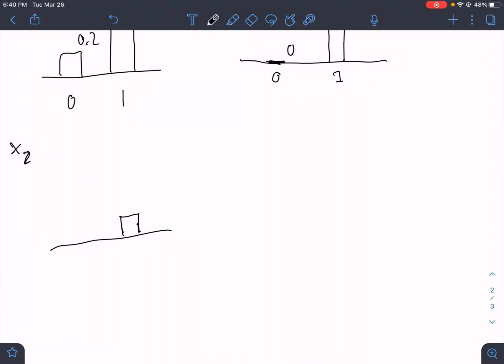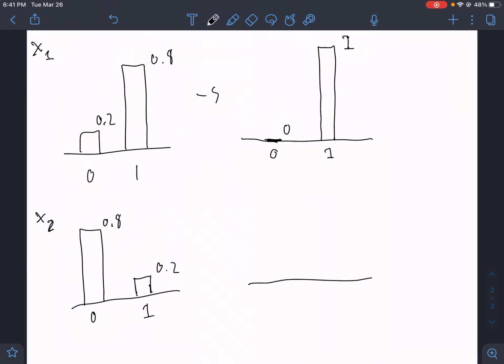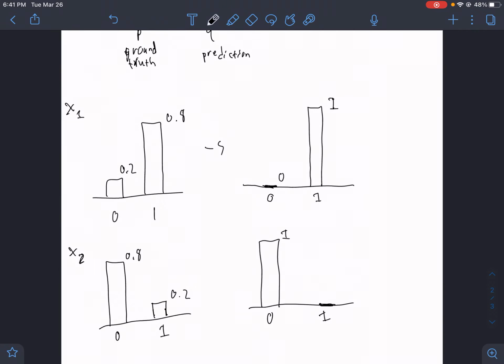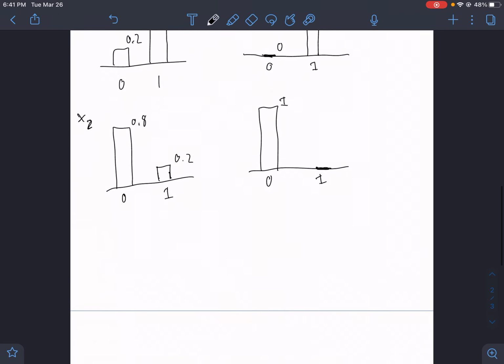So in this case, with it being 0.2, we know that it is a 1 with a 0.2 probability, and it is a 0 with a 0.8 probability. And for this data, we see that it is actually a 0, and it is in fact not a 1. So these look very similar to each other, and let's now apply our function.